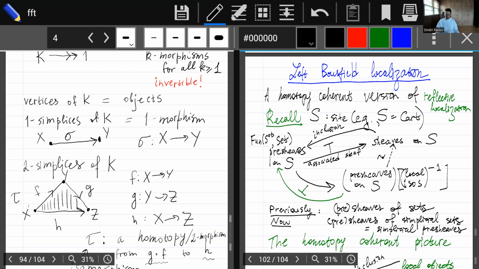So in particular, if we compose this equivalence with the inclusion of sheaves into pre-sheaves, like this, we get this green functor going in the opposite direction, and the green functor is a right adjoint to the localization functor. So the right adjoint functor is a fully faithful functor.